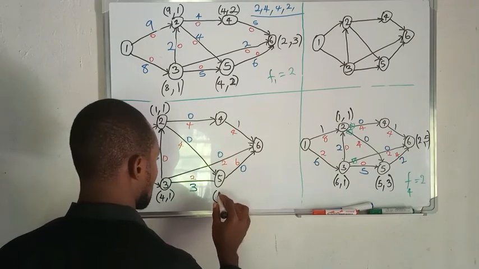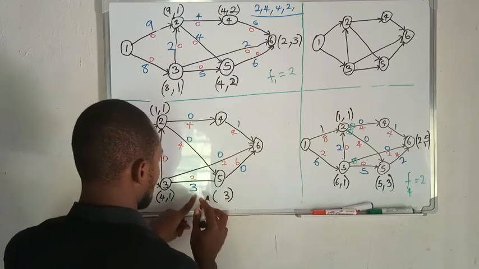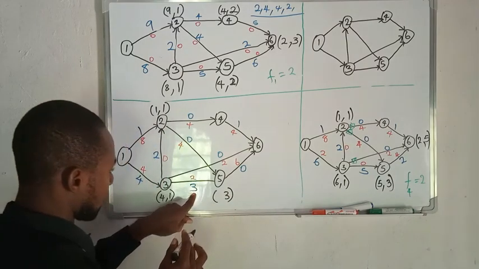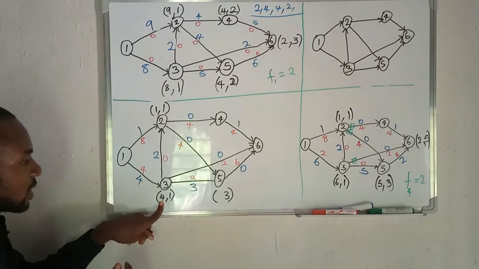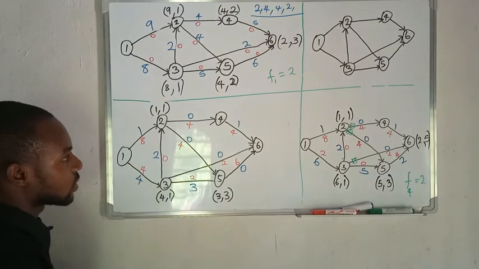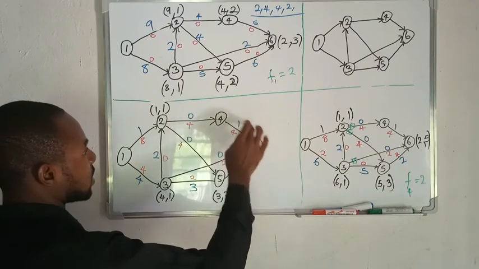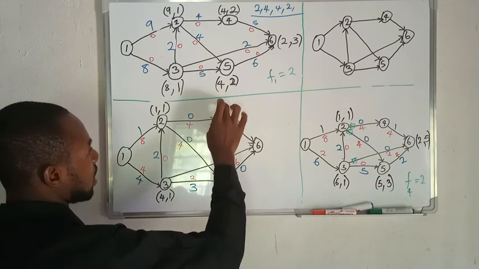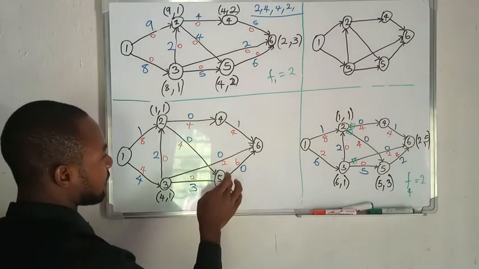So we have 3 here, and then we check this capacity and here which one is less. So we have 3 is less than 4, so write 3 here. And so we check again. We can't label from 4 because 4 has not been labeled, and then we check 5. Can 5 label?